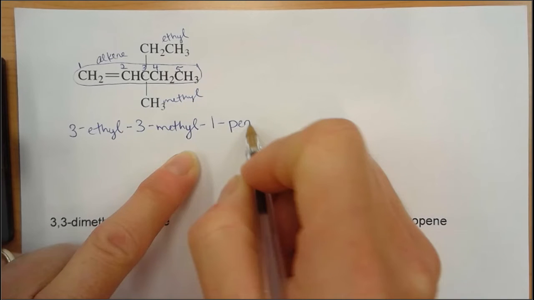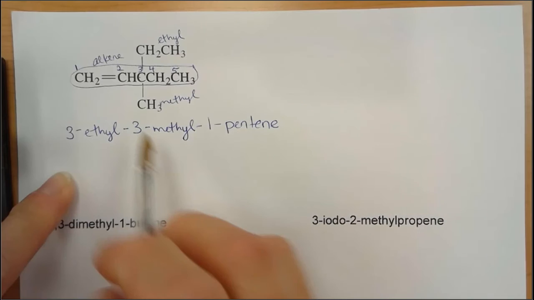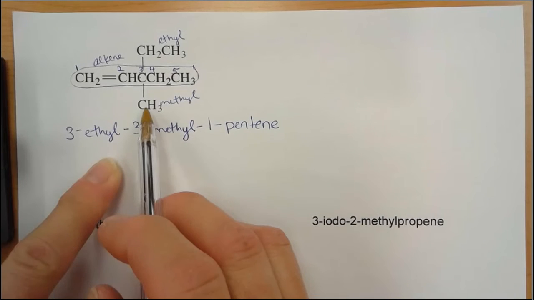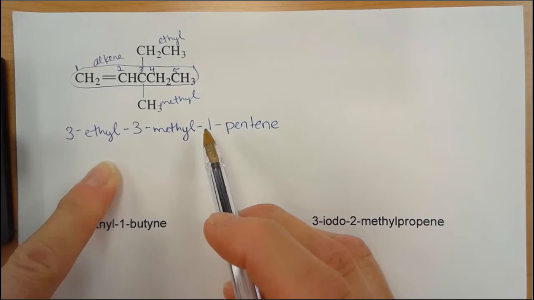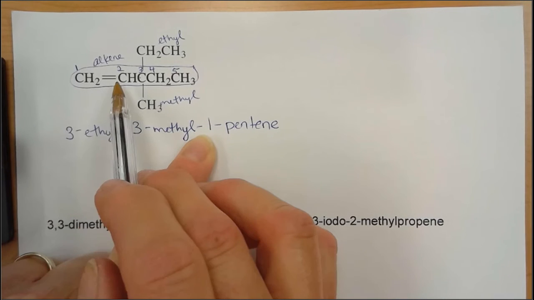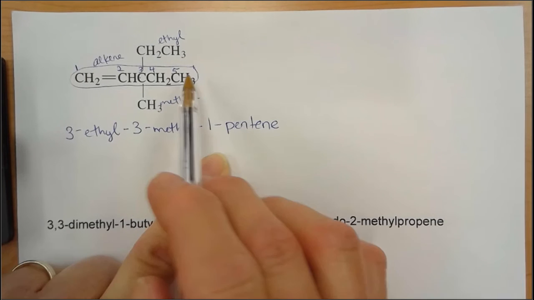So let's go back through that again. Ethyl is on the third carbon, methyl is on the third carbon. The double bond starts between the first and the second carbon, so that's why it's called 1, and it's pentene because there are 5 total carbons. It has the -ene ending because it's an alkene.